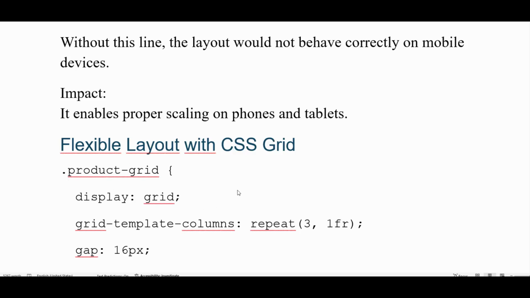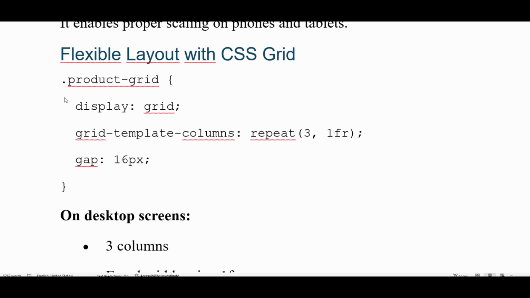Flexible layout with the CSS Grid. Here is class product-grid, display property: display grid, and grid-template-columns: repeat(3, 1fr). The explanation will come at the end of this video.